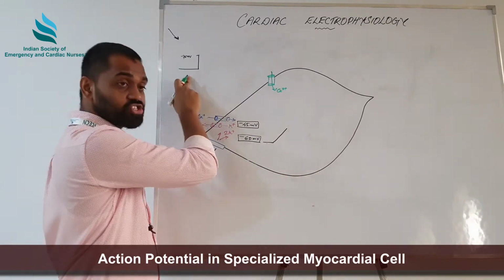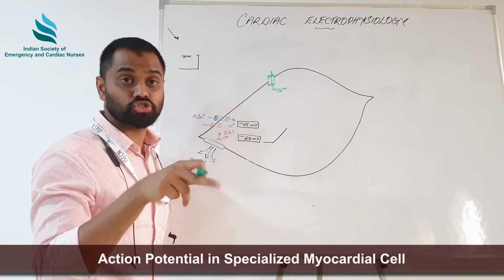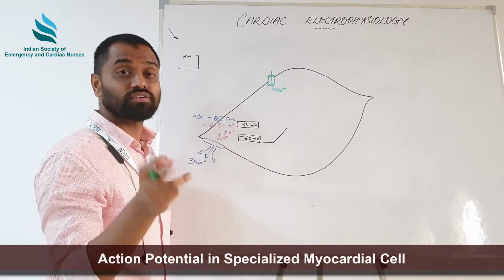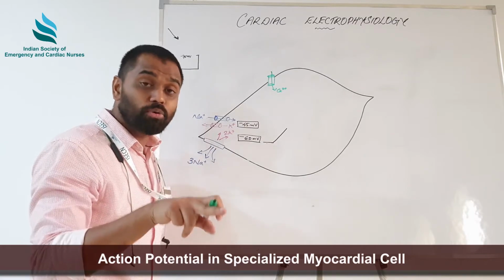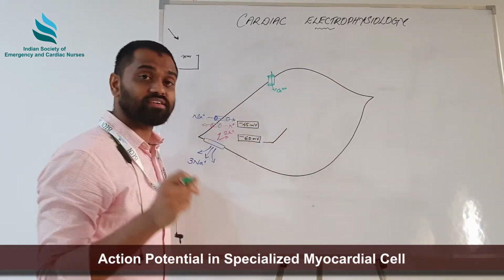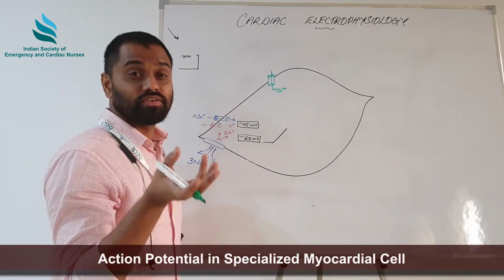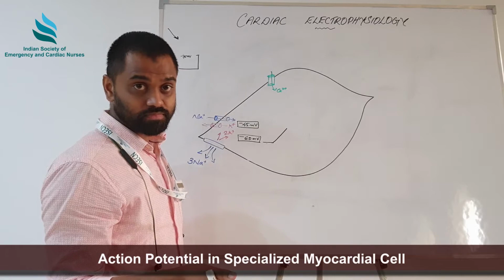But in contrast, in contractile myocardium, it was the voltage-gated sodium channels which were responsible for the depolarization. But here, it is the voltage-gated calcium channels that are responsible for the depolarization.